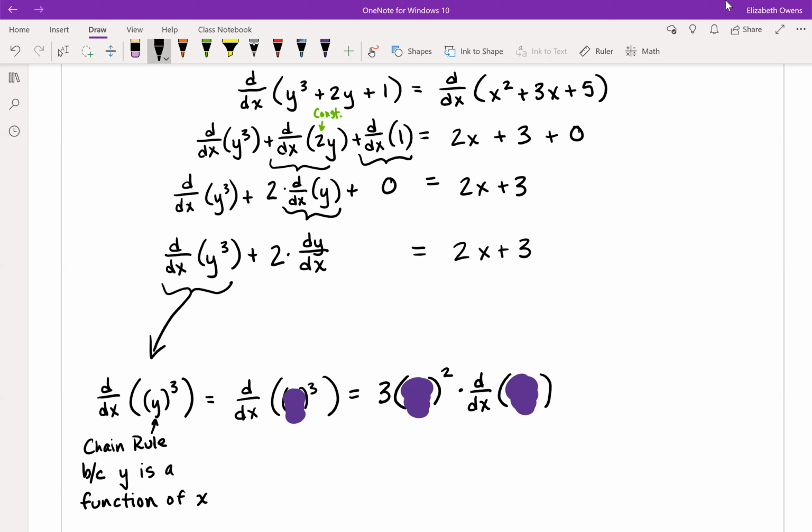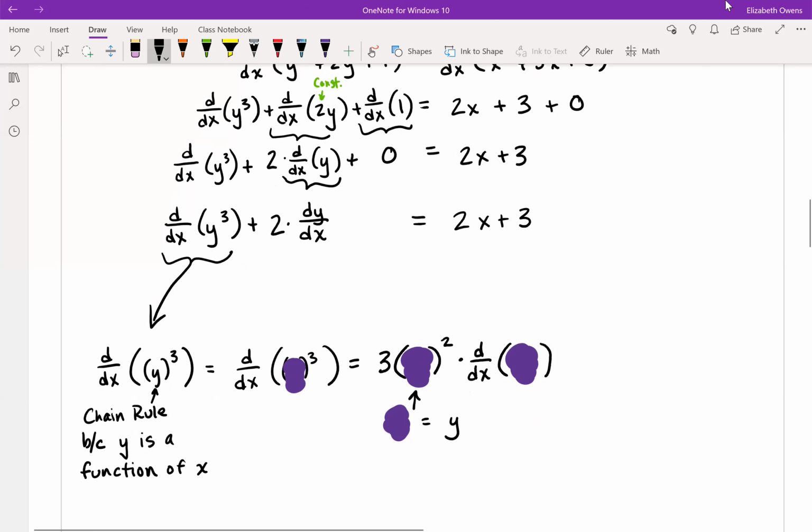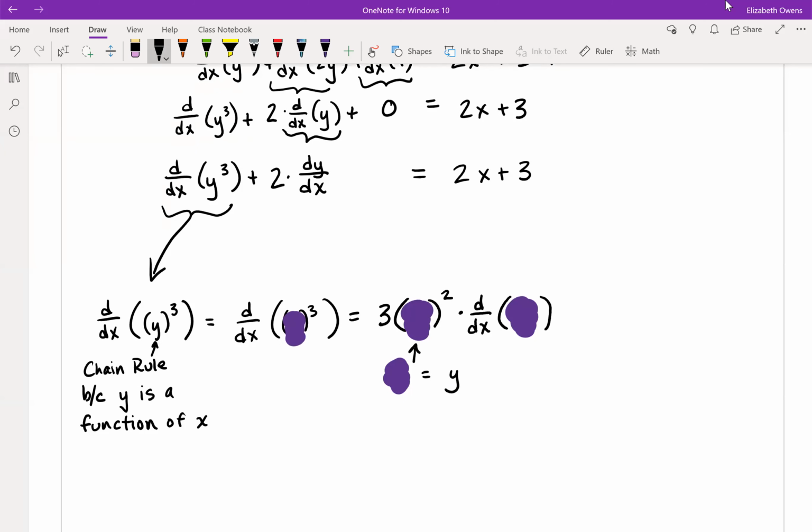But when we uncover that and see that purple blob was in fact y, purple blob is truly y. So here we get 3y squared times the derivative with respect to x of y.